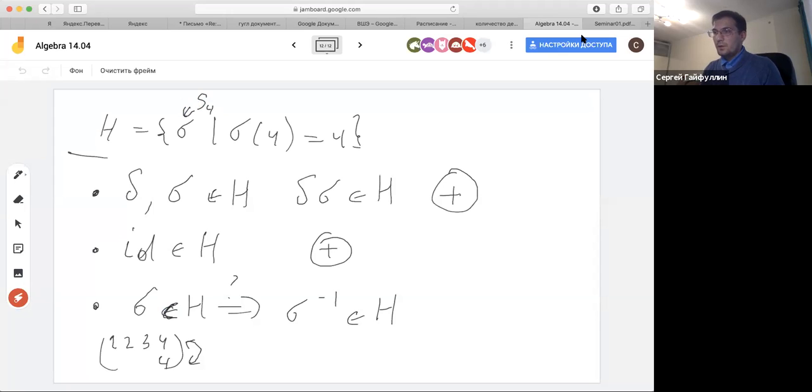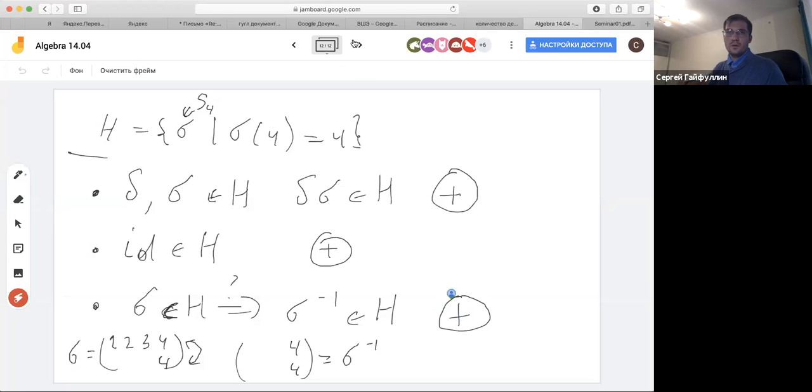Okay, and if we change these 2 rows, then of course 4 goes to 4 in sigma inverse. If this is sigma from H, then this is sigma inverse and it belongs to H, so this is true again. So this is the proof that H is a subgroup. Is it clear? Yeah.